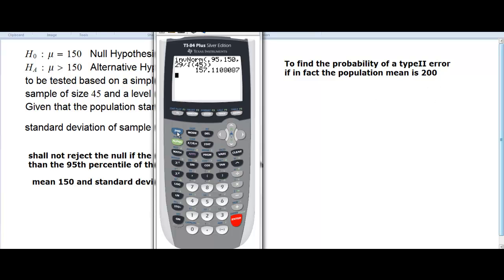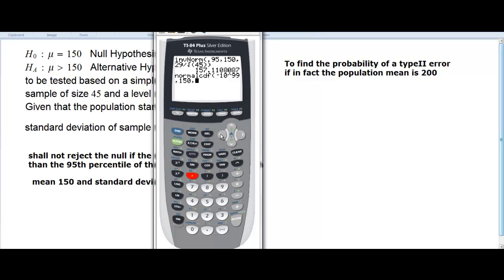So what we would do is, this time we are going to go to normal CDF, because we know that we are looking at the area below. Now here we could enter 0, but let's just apply the way we have been going. That is, we take the lowest possible number because we don't know the context here, so that will be safe to do.